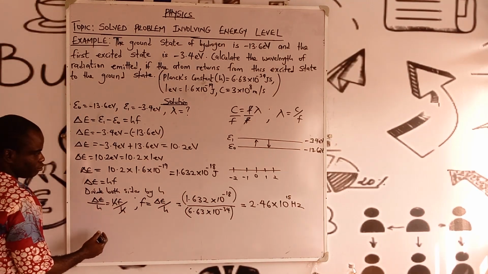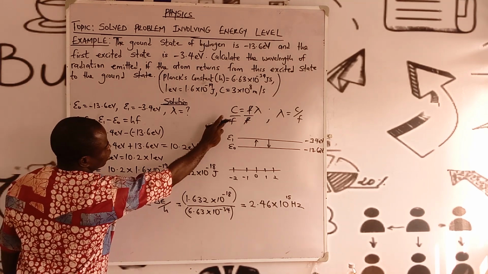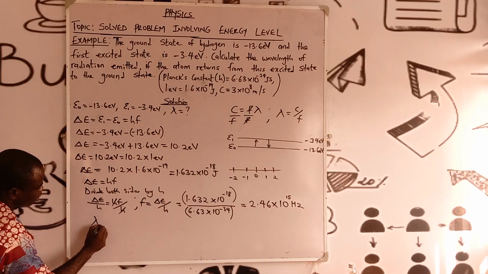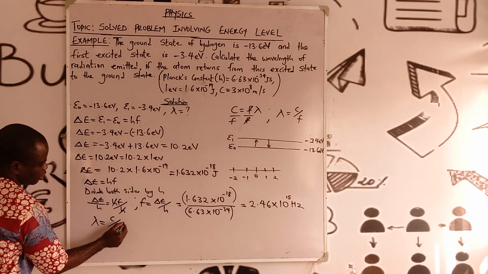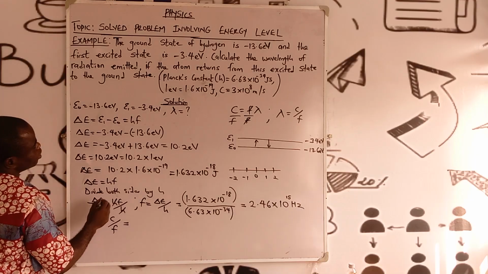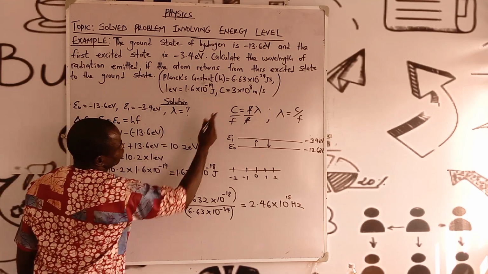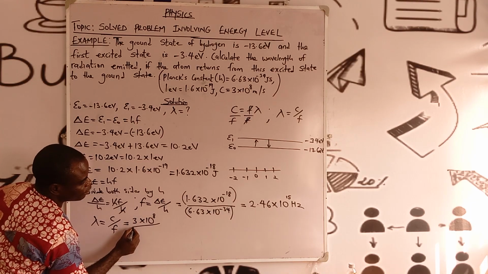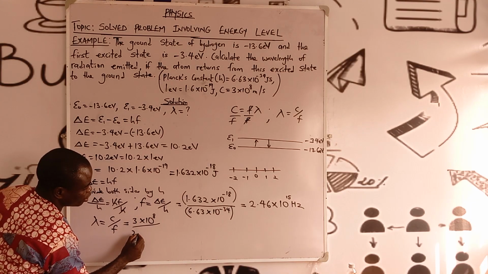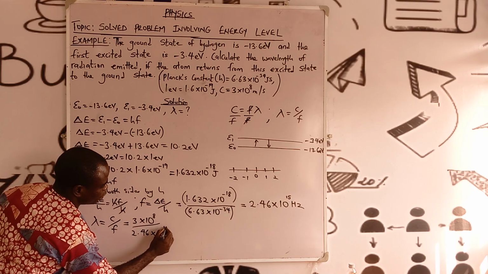Okay, after getting this, you go back to the formula. Wavelength equals speed divided by frequency. What's our speed? That's 3 times 10 to the power 8 divided by the frequency, 2.46 times 10 to the power 15.